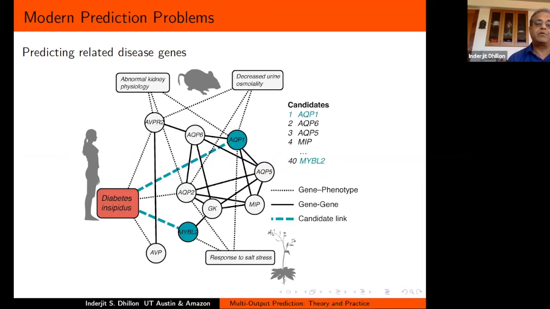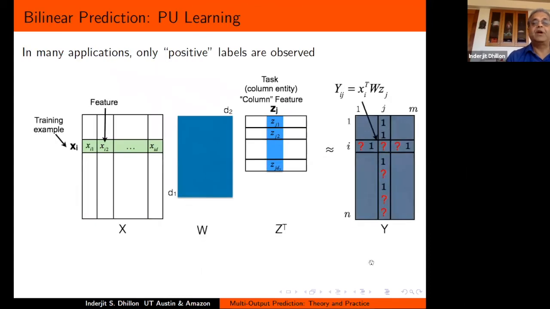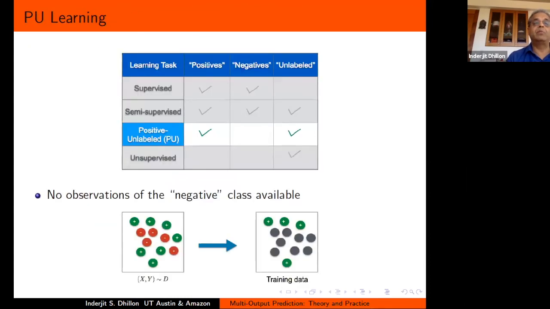So then we went back to the biologists and said, hey, can you actually tell us what diseases are not linked, or what genes are not linked with this particular disease? And they were very reluctant to actually give us an answer. And they said they cannot really rule out any gene from being linked to a particular disease. So that means in this example, we only have positive examples, but we actually don't have any negative examples. And so that is the sort of problem called PU learning.